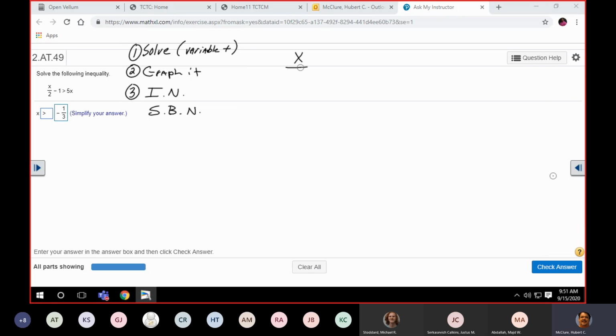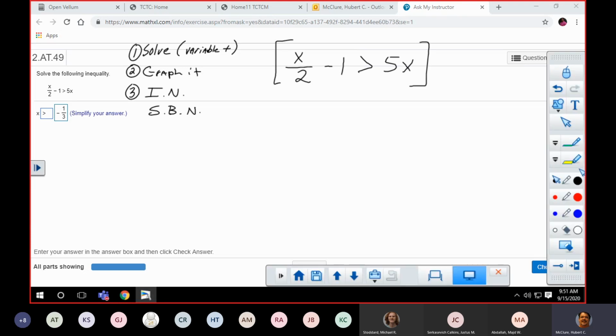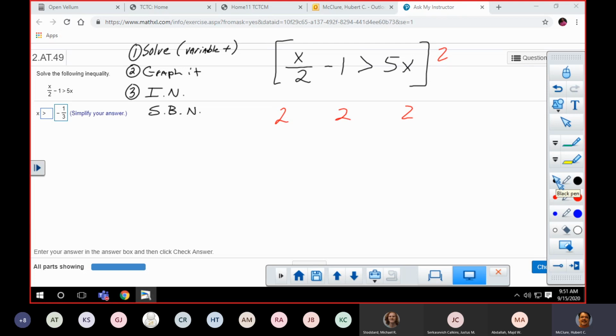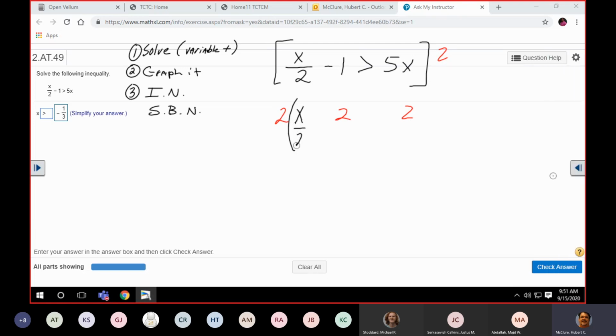Whenever you're given a fraction, always clear the fraction first. So I'm going to multiply through by 2 because I want to clear the fraction. That's going to give me a 2 here, a 2 here, and a 2 here. And I'm going to multiply by x over 2 minus 1 greater than 5x.